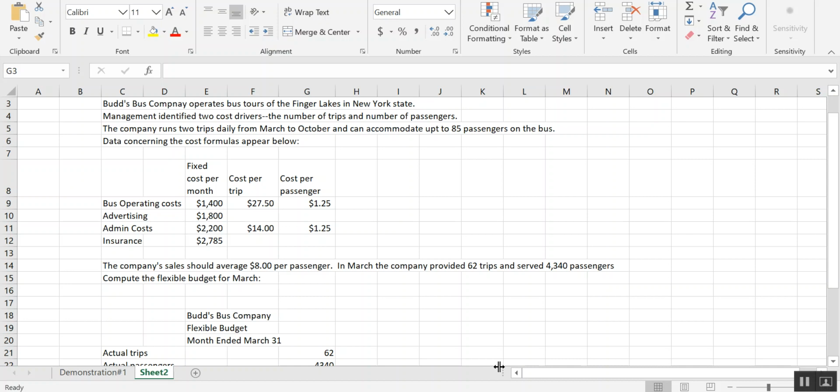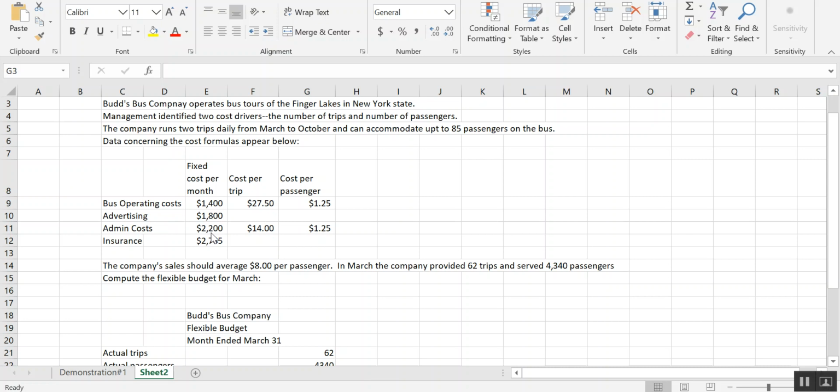Basically, these are the cost drivers they've calculated. They say bus operating costs amount to $1,400 for the month, plus $27.50 per trip, plus $1.25 per passenger. Advertising is fixed.